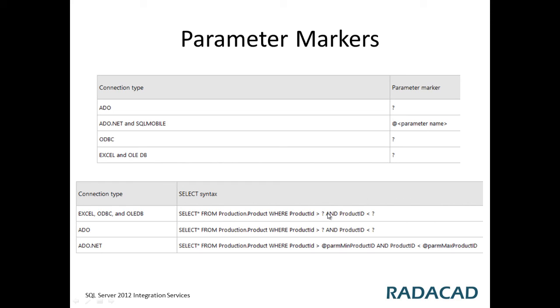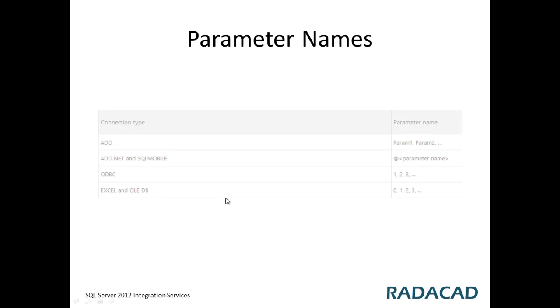This will begin with 0 with OLEDB. But if you use ODBC, this will begin from 1, then 2, 3, 4, 5. If you use ADO, you need to use param1, param2. If you use ADO.NET or SQL Mobile, you need to use the same @ parameter name signature here. This is very important, so be careful about the connection type that you are using and set parameter names and parameter markers accordingly.